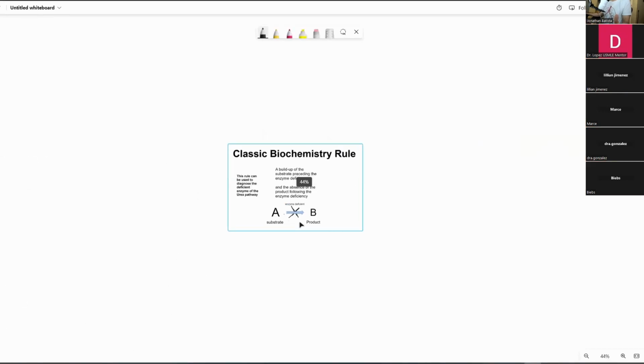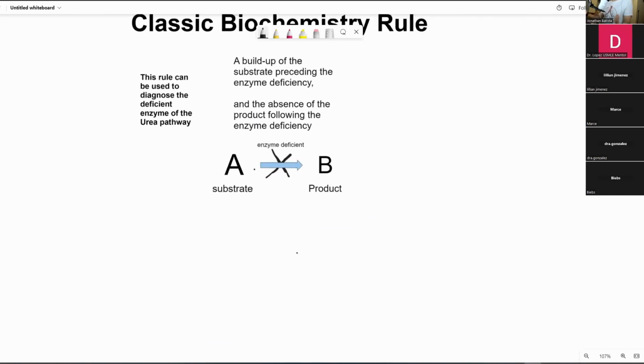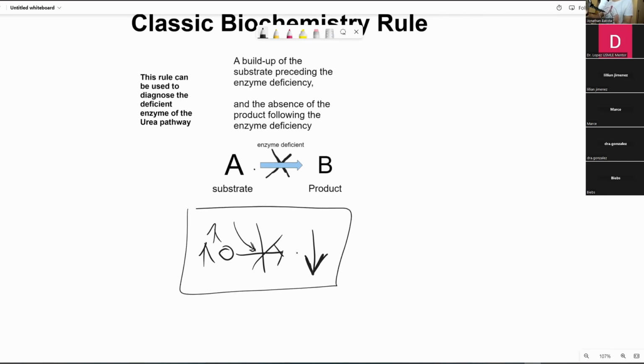If you have a substrate that cannot go on to the next level, cannot have any enzyme catalyzing a reaction, then this substrate will build up and your product will be low. That's a very important biochem rule.